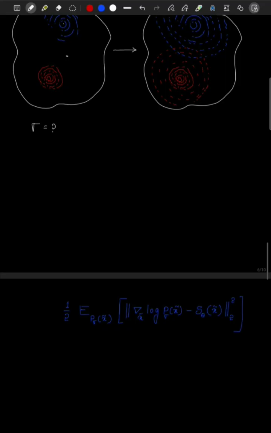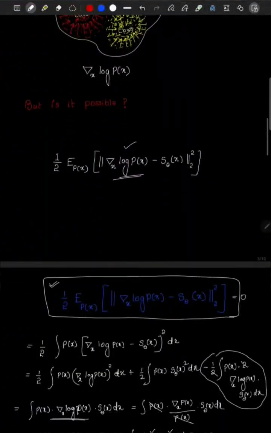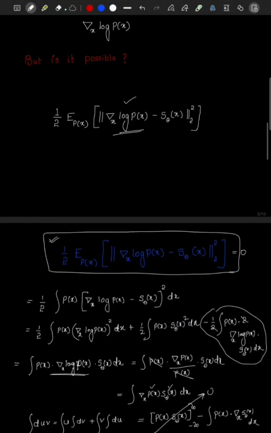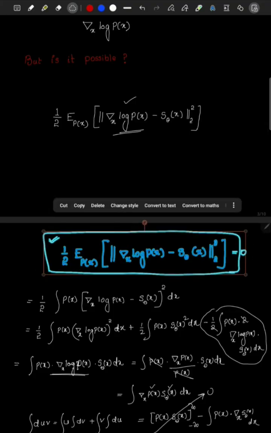So let's say, what is our original objective? Our original objective was basically half of this. Let me copy it because I don't want to write it again and again.